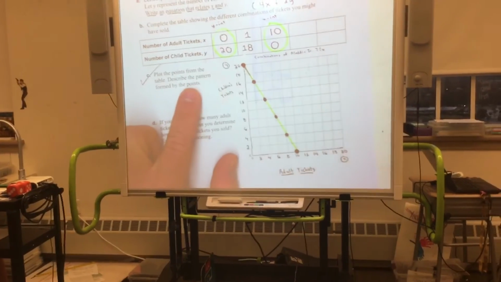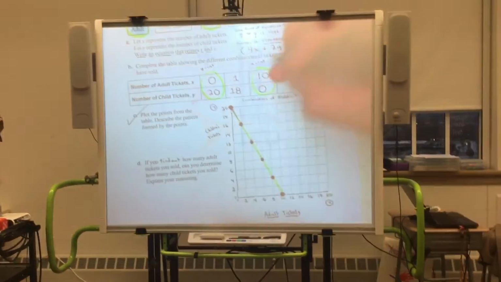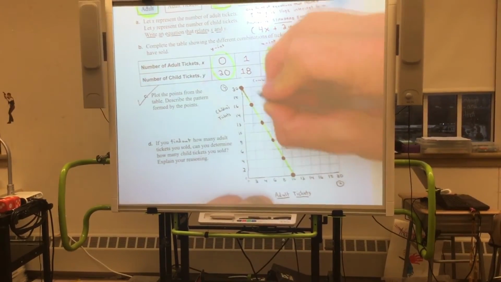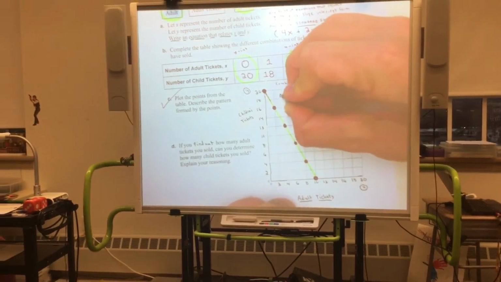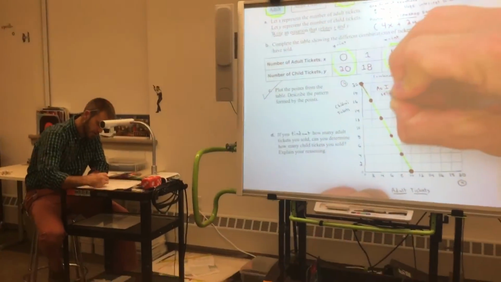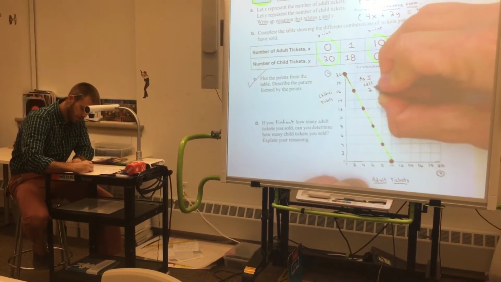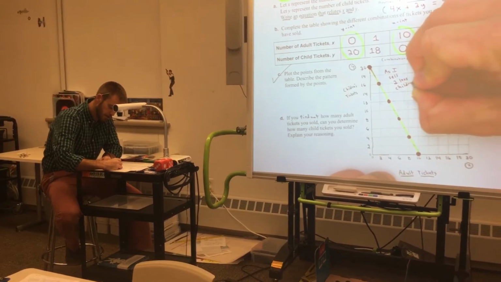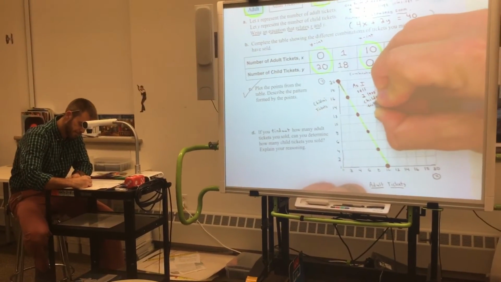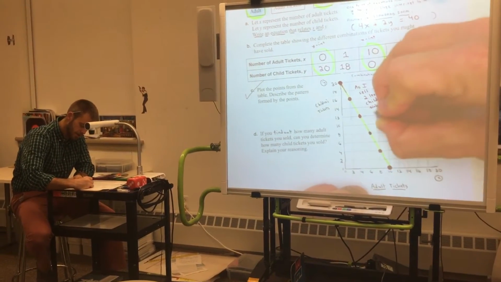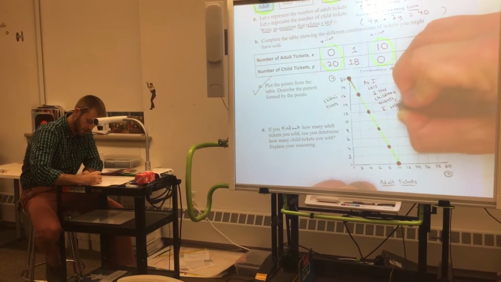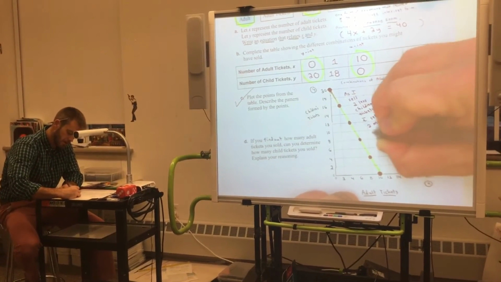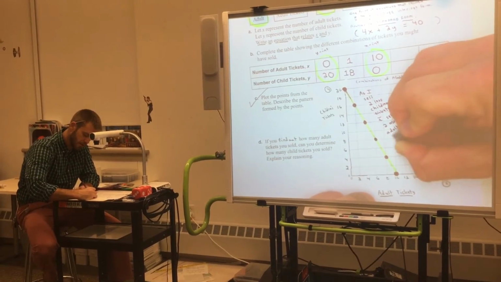The pattern is that as I sell 2 less children's tickets, I sell 2 more adult tickets.